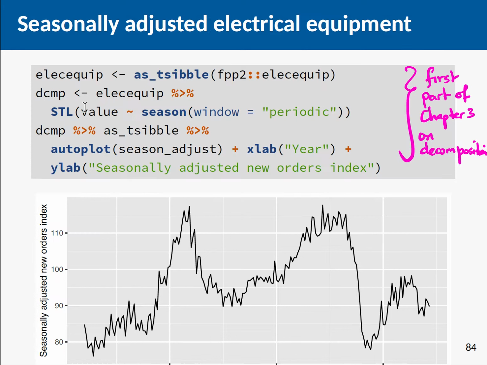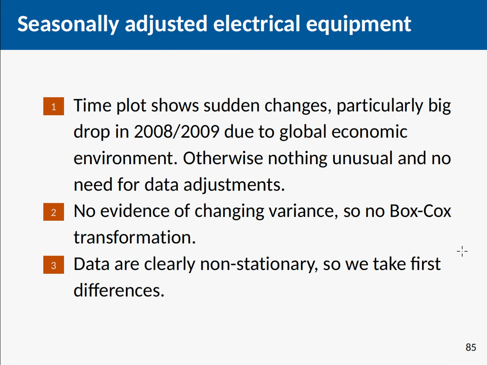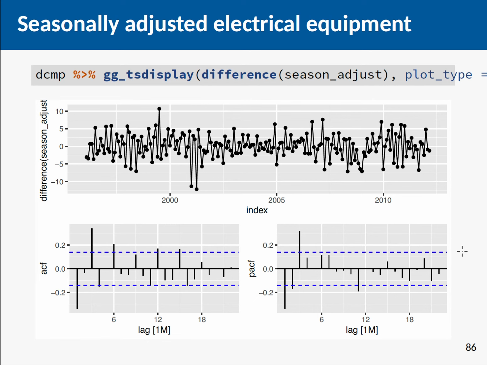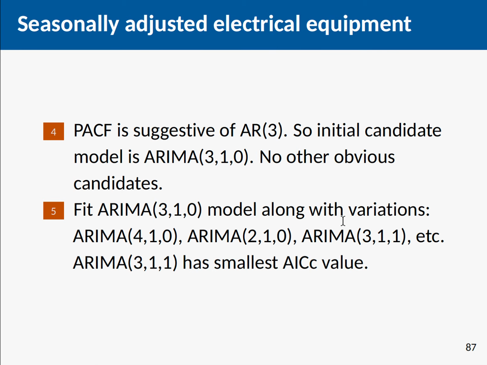So here you can take a look at an example on your own, for which for some parts of this code you might want to refer to chapter 3. It's not necessary to do this right now, but the idea here is, once you're using your gg_tsdisplay and looking at an ACF and a PACF, here for example you see 3 spikes for this data set, you want to then say that yes, the PACF is suggestive of an AR(3) model.